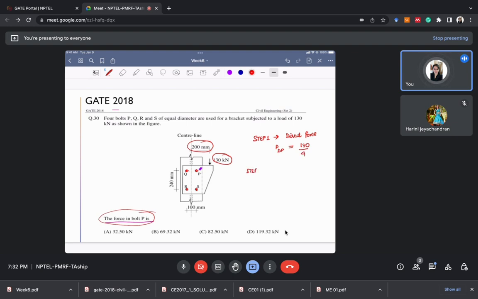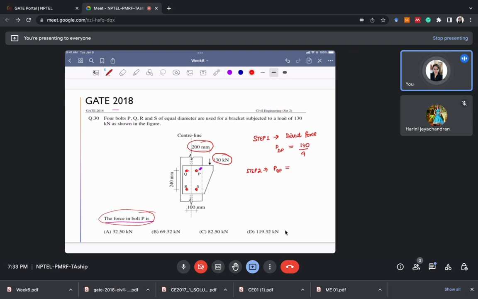What will be the step number 2? The step number 2 is bending force calculation, or the force due to the bending moment. The formula for it will be, we can call it PBP, the force in bolt P due to bending moment.